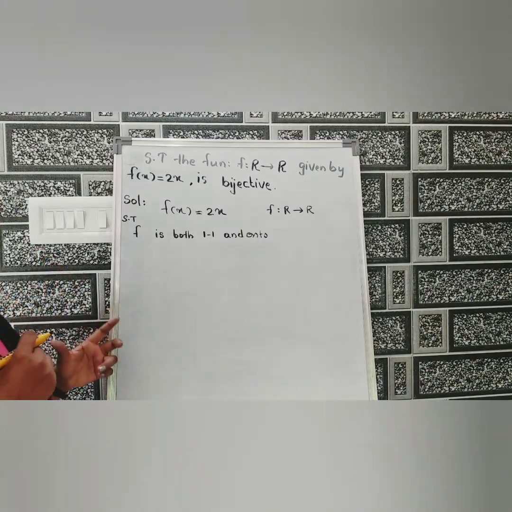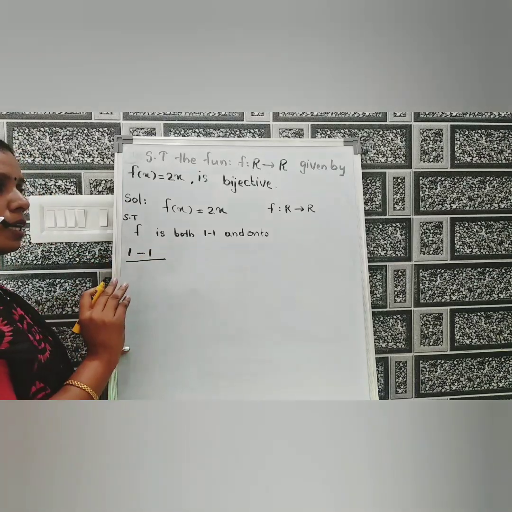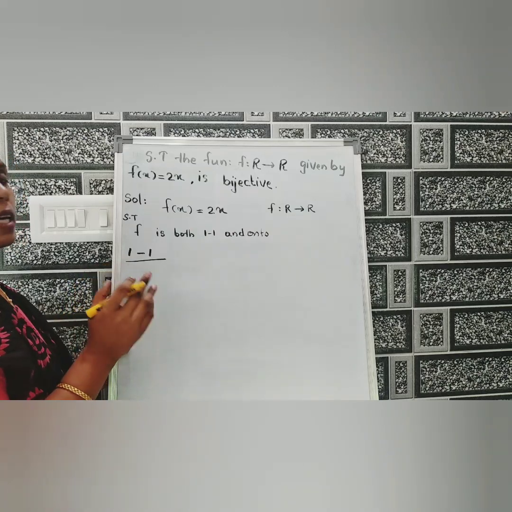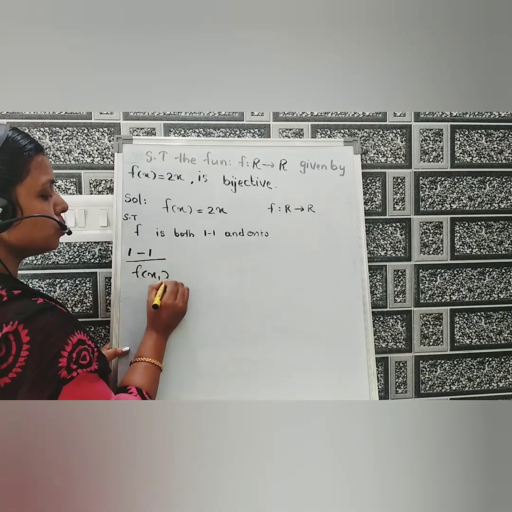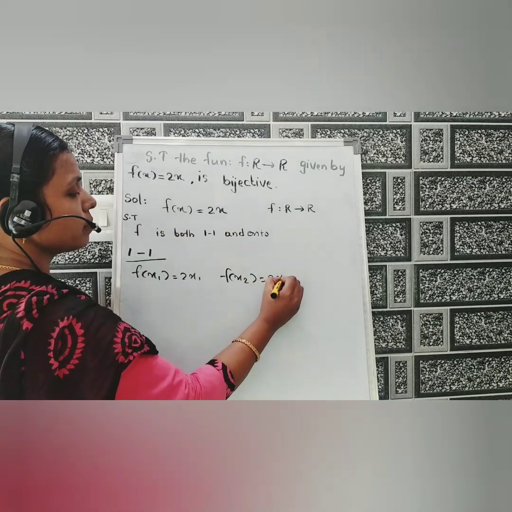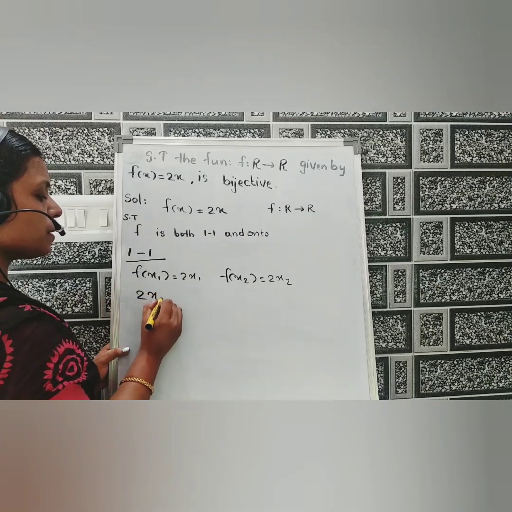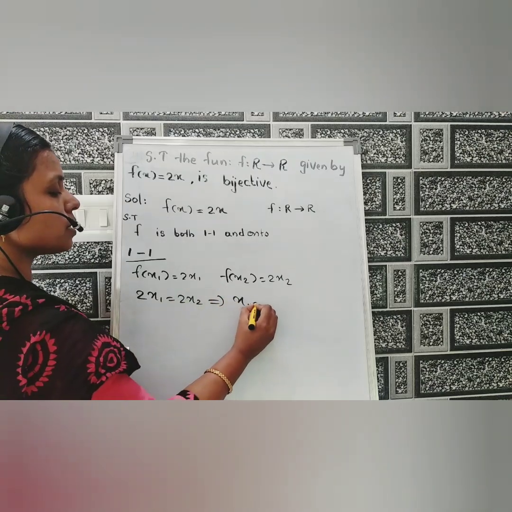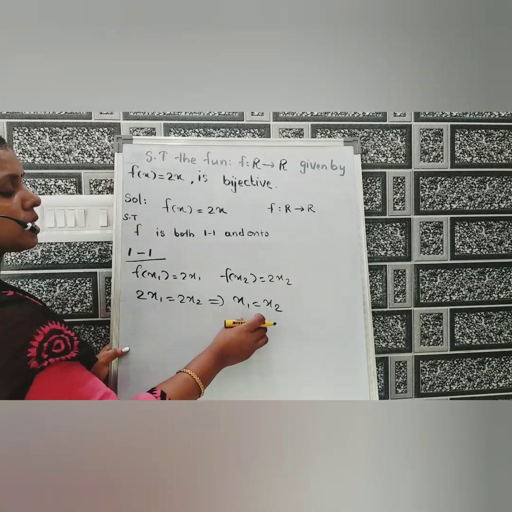First we check whether this function is 1-1. We know that a function is 1-1 if f of x1 is equal to f of x2 implies x1 is equal to x2. Here f of x1 is 2x1 and f of x2 is 2x2. Then f of x1 equals f of x2 means 2x1 is equal to 2x2. The 2 gets cancelled, so we get x1 is equal to x2.